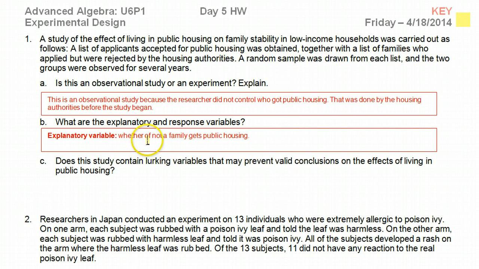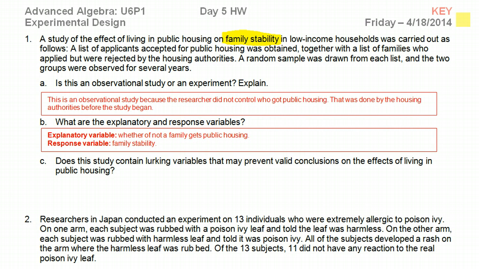On the other hand, the response variable is the potential result of getting public housing or not. As far as the way the study was set up, it says that they were trying to study the effect of public housing on family stability. So they're specifically studying what happens to the family stability. So family stability is going to be the response variable.